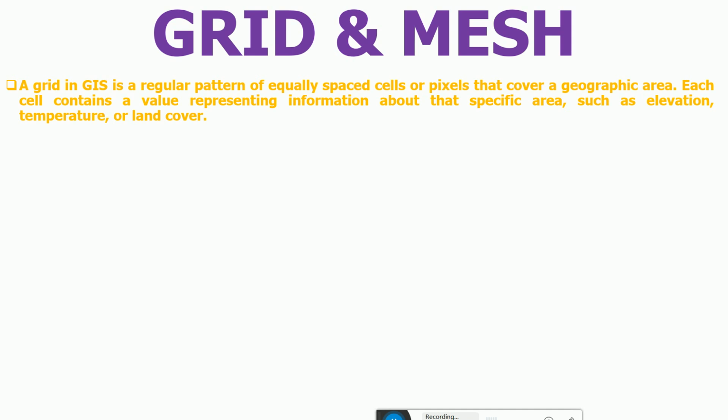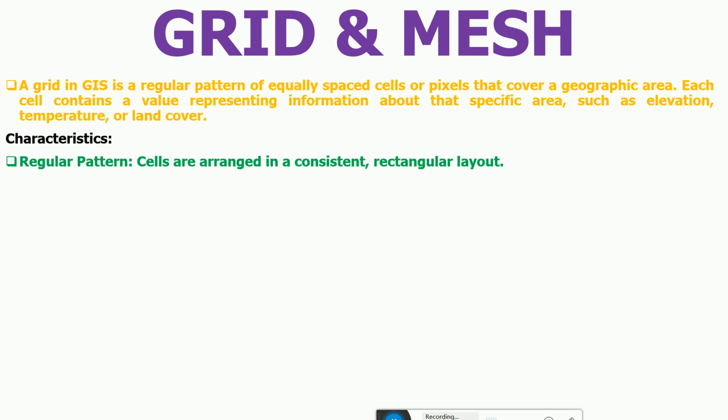Now, the two important things in raster data: what is a grid and what is a mesh? A grid in GIS is a regular pattern of equally spaced cells or pixels that cover a geographic area. Each cell contains a value representing information about that specific area, such as elevation, temperature, or land cover.